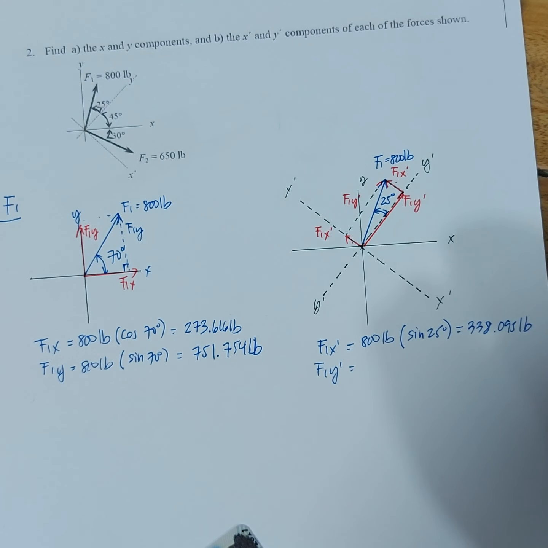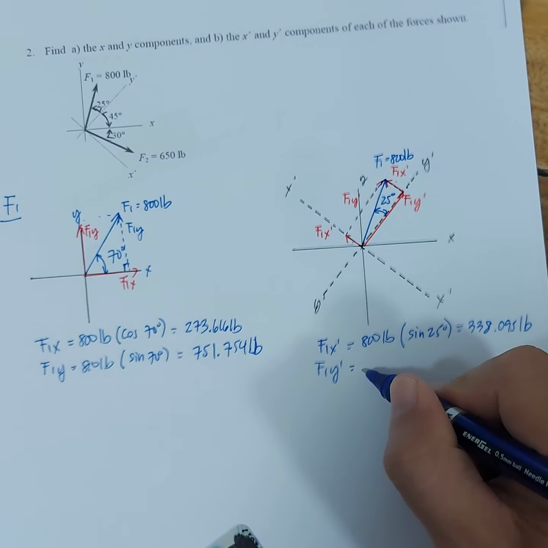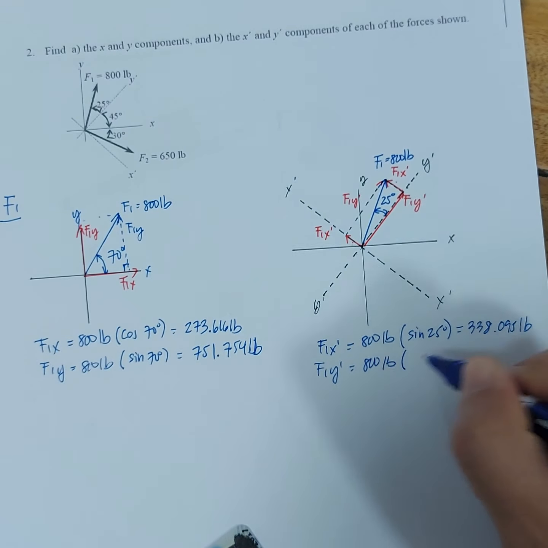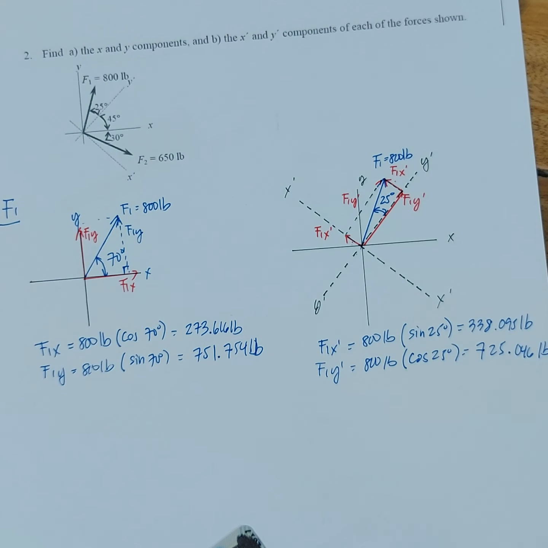So given yung hypotenuse natin na 800 pounds, cosine of 25 degrees, so that is equivalent to 725.046 pounds. So tapos na tayo sa F1. So let's proceed to F2.